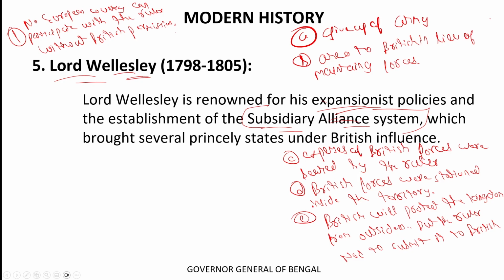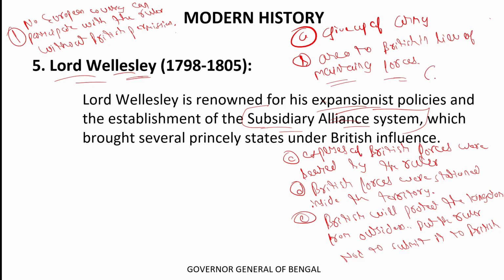So those were the subsidiary clauses. The first one was give up of the army. The ruler who has entered into the agreement is not required to maintain his own army. He has to give up his army. The second clause was that a certain area is to be given to the Britishers in lieu of maintaining the forces.